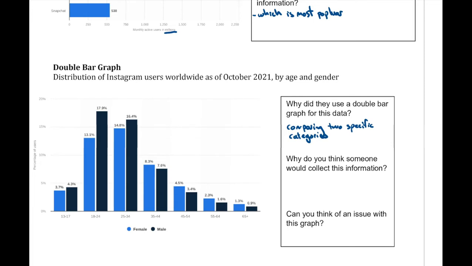Why do you think someone would collect this information? So again, the answers may vary, but it could be maybe who to market ads towards, right? If you're trying to promote something, you see the age groups.